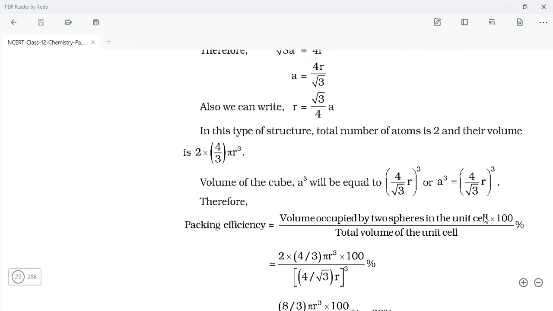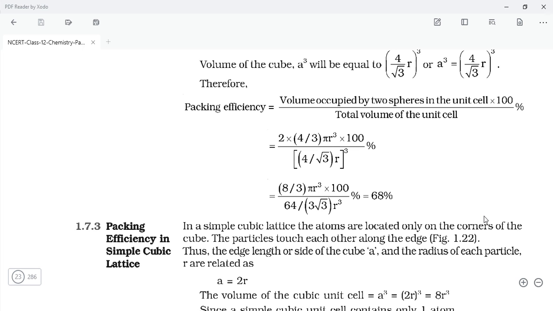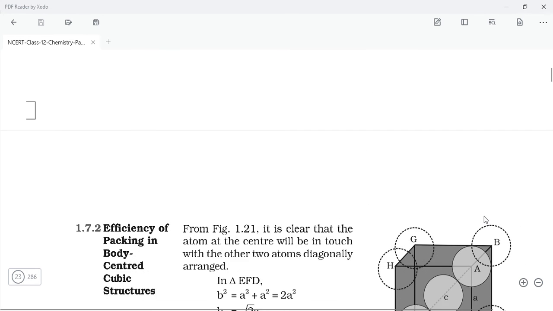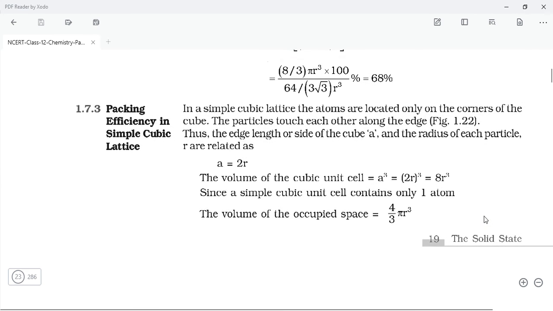Therefore packing efficiency, volume occupied by two spheres in the unit cell into 100 upon total volume of unit cell, 2 into 4 by 3 pi r cube into 100 upon 4 by root 3 r whole cube, 8 by 3 pi r cube into 100 upon 64 by 3 root 3 r cube is equal to 68%. So for BCC, the packing efficiency is 68%. Remember that one as well.